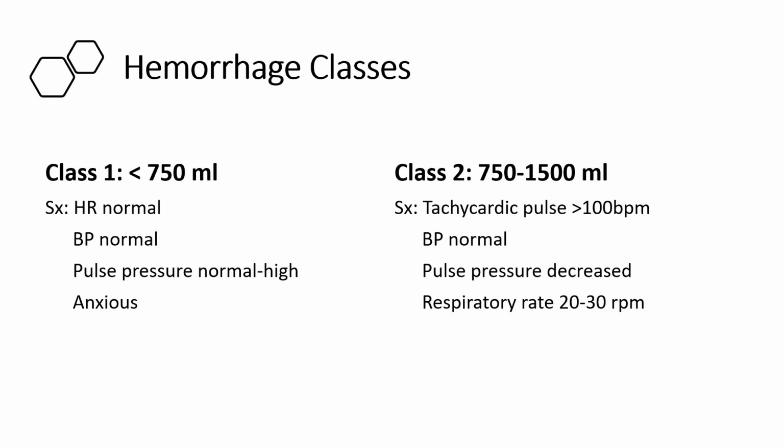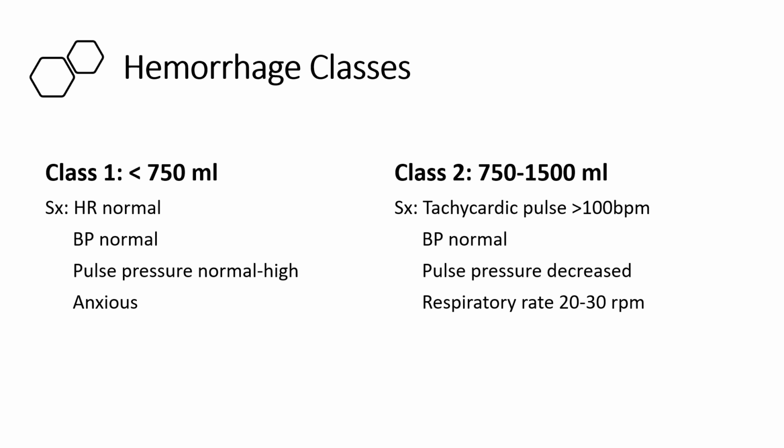During this type of hemorrhage, heart rate can be normal, blood pressure can be normal, but the pulse pressure may be normal or a little high. The person may feel a little anxious, because remember that when blood is lost, we also lose the oxygen that perfuses our tissues, especially our brain and our heart, and this can cause this anxiety.